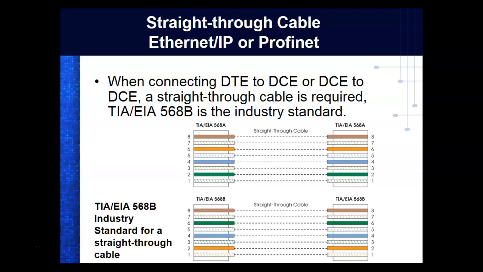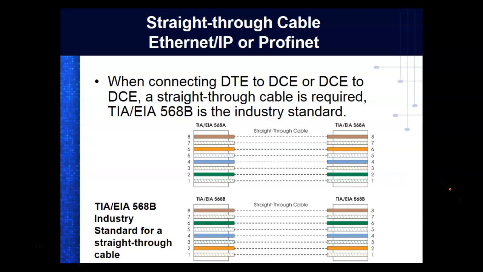EIA disbanded back in, I don't remember the date, and all their hardware protocols were taken over by TIA. But since some people learned it as EIA, normally when they give this, they give both techniques. So TIA/EIA 568B: we have one standard, and we have a 568A standard.